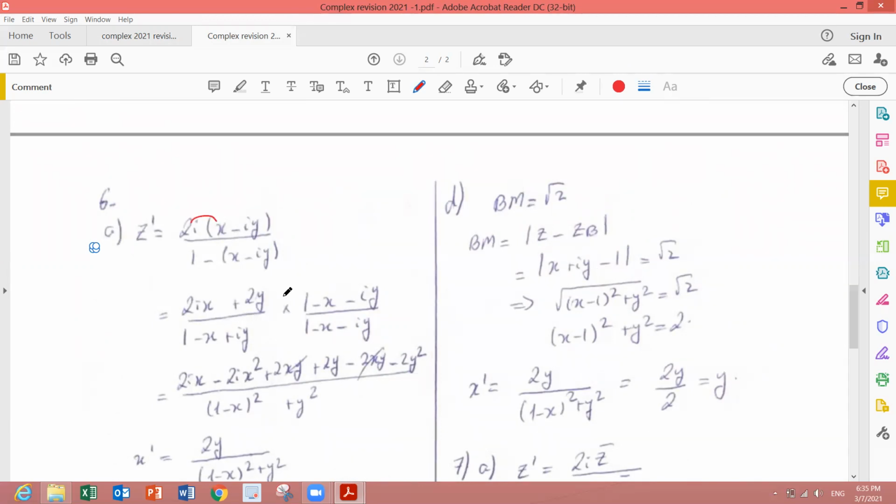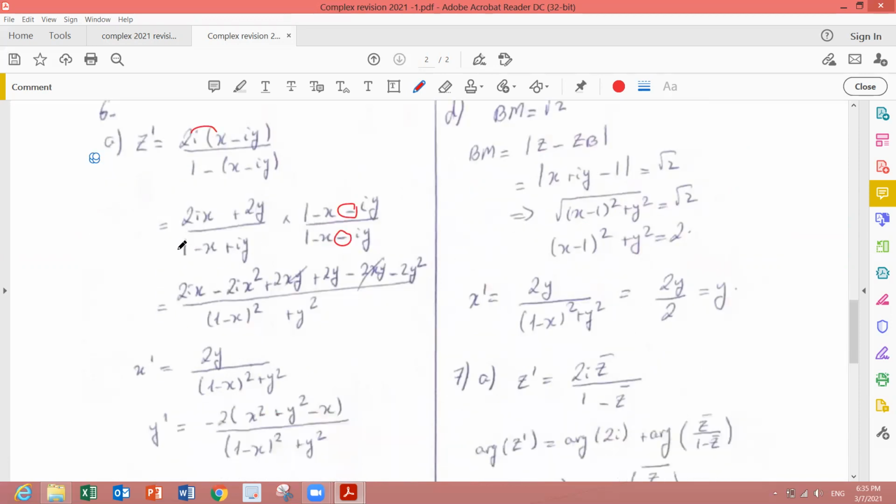We multiply by the conjugate of the denominator, which is 1 minus x minus iy, changing the sign before the imaginary part.